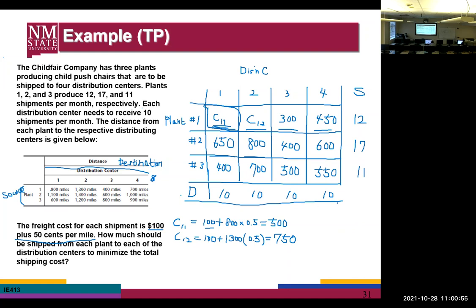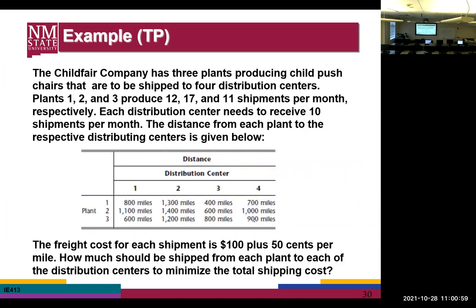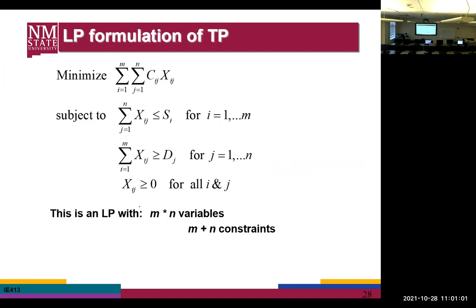Now, based on this, you should be able to get the transportation cost. So this is the supply constraint and demand constraint. You already know the supply amount, demand amount, and also the cost values, right?